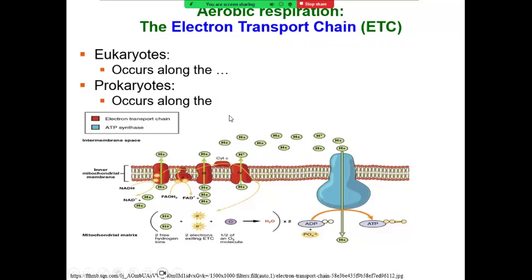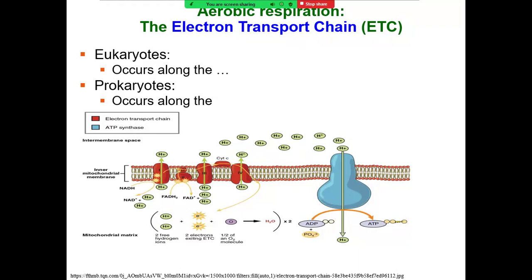Along the way, the electrons, which come from NADH or FADH2, move through these proteins. They're transferred from one protein to another in a chain, which is called the electron transport chain. The electron will come to this last protein and then transfer the electrons to oxygen, not to water, to oxygen.